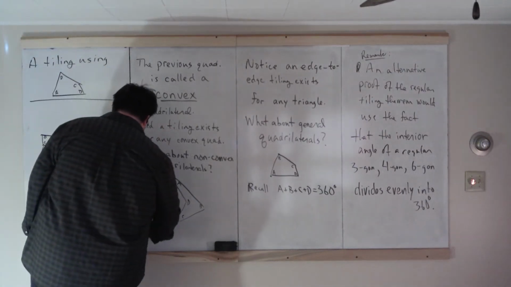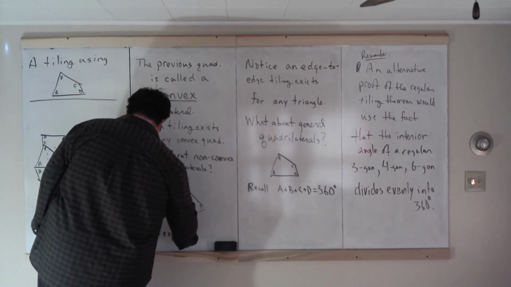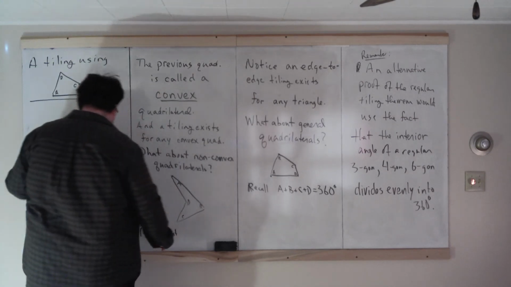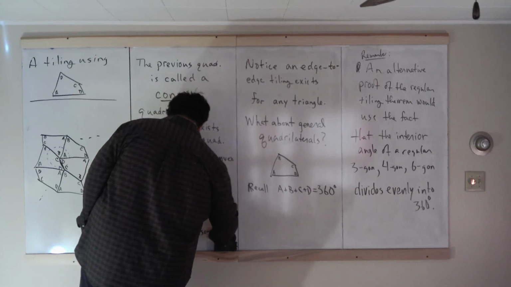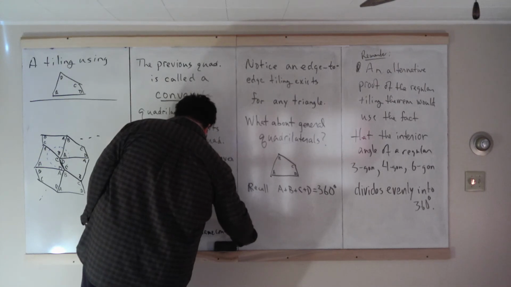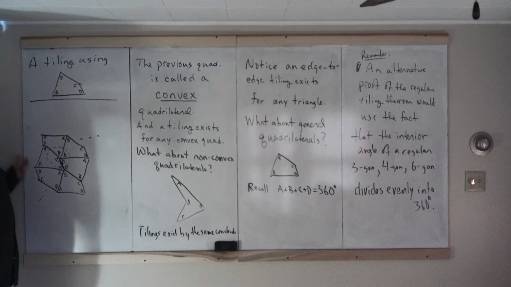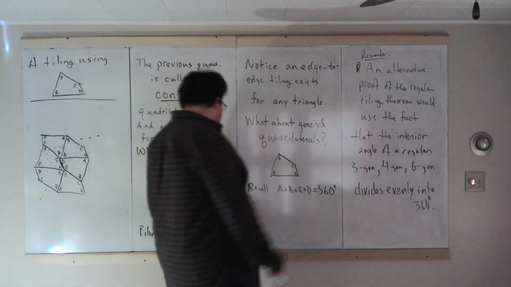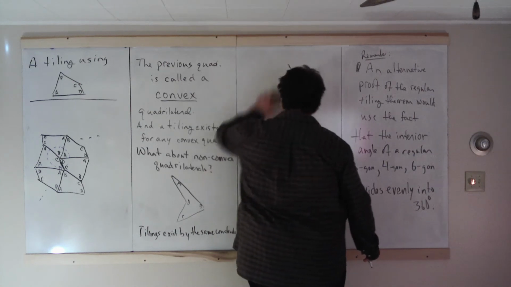So I'll just say tilings exist by the same construction. The same construction meaning the same one over here where we piece together the angles. So this board right here tells us, what does it tell us?